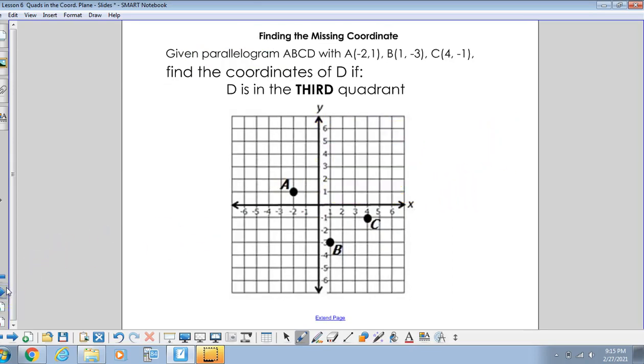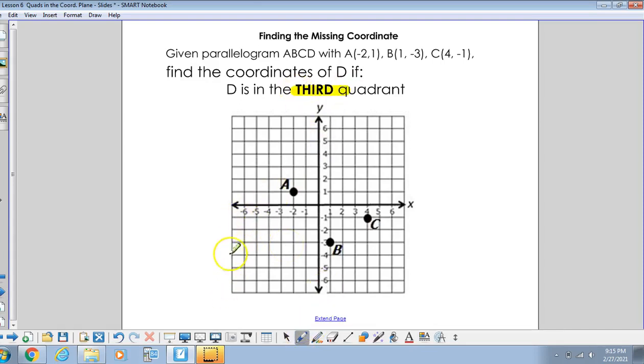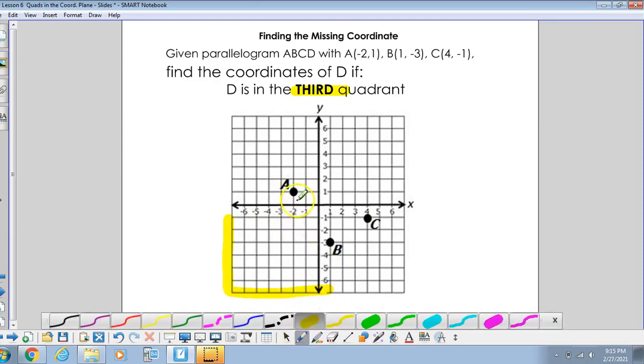But we could also draw a couple of other parallelograms with these same coordinates. What if we wanted to know about D in the third quadrant? The third quadrant is down here. So if we wanted to draw it that way, we'd be looking at a coordinate somewhere over in here.